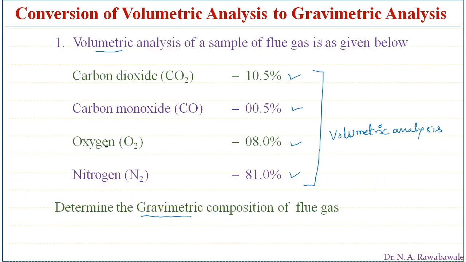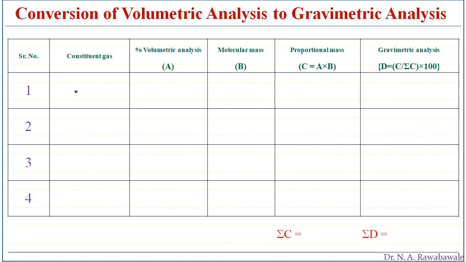In this, carbon dioxide is 10.5%. So we take carbon dioxide as 10.5. The molecular mass of carbon dioxide: oxygen is 32, plus 12, so 32 plus 12 is 44.